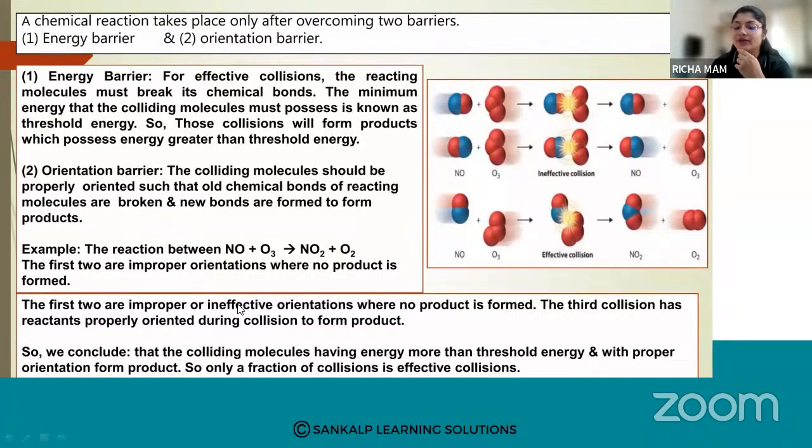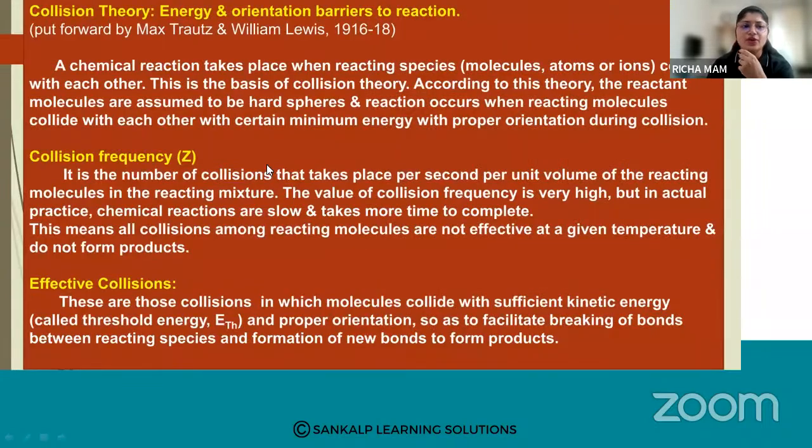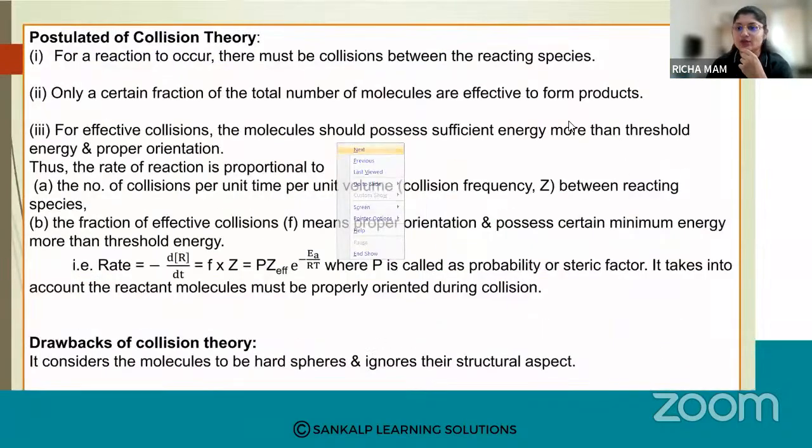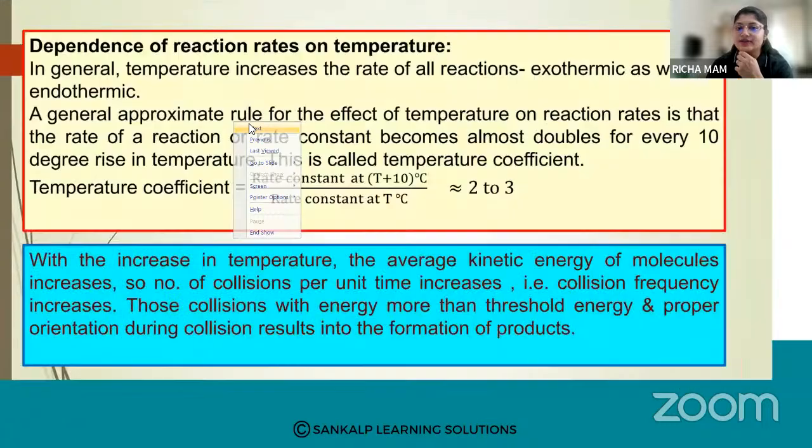The molecules should have a minimum amount of energy for the reaction, so that they will collide effectively and get converted into product. So this was about the postulates of collision theory, that is Arrhenius theory. Arrhenius was the scientist who gave this collision theory.